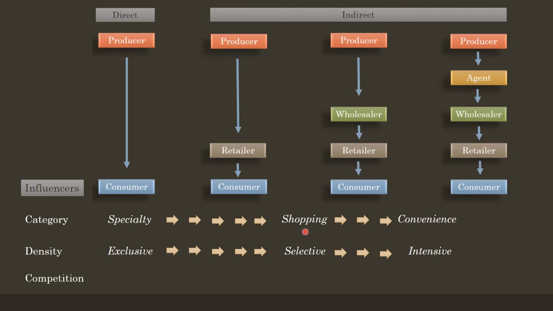Now, you can be a shopping product like that Pom Wonderful and be in a select few places, or if you are being competitive right up against, let's say, Arizona iced tea, well, those are sold in convenience stores. There's a heck of a lot of convenience stores and a lot of grocery stores.